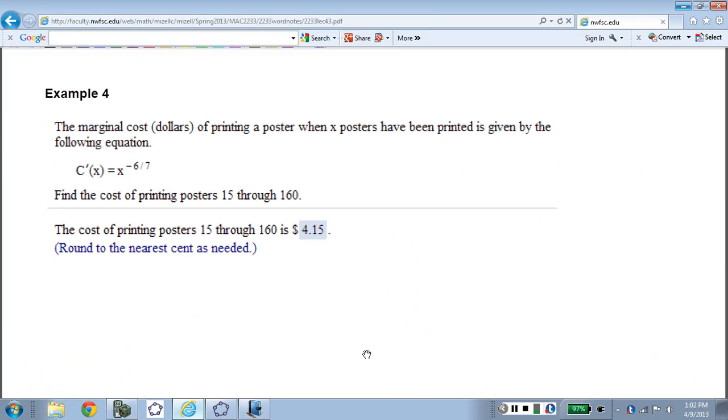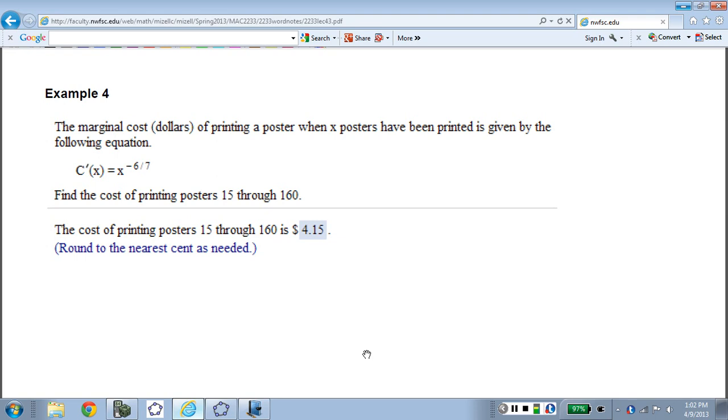And it's something that we have an application. Let's see if we can make sense out of this. Marginal cost in dollars of printing a poster when X posters have been printed, given by the following equation. C prime of X equals X to the negative 6/7. As we know, the marginal cost is the derivative of the cost function.